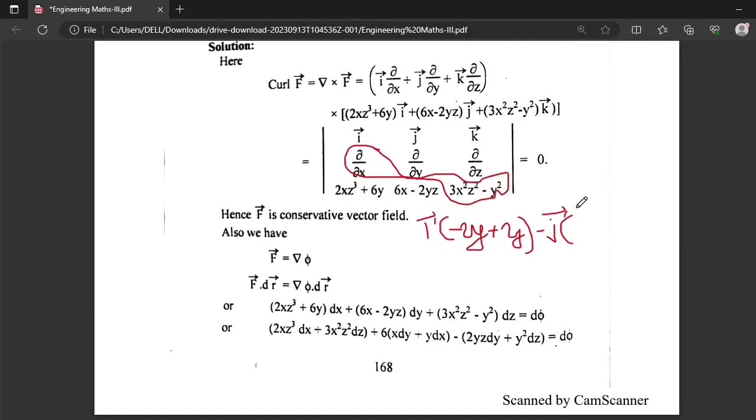Except x, everything is constant, so 3z² is constant and the derivative of x² is 2x, so 6xz². Minus ∂/∂z of (2xz³ + 6y).